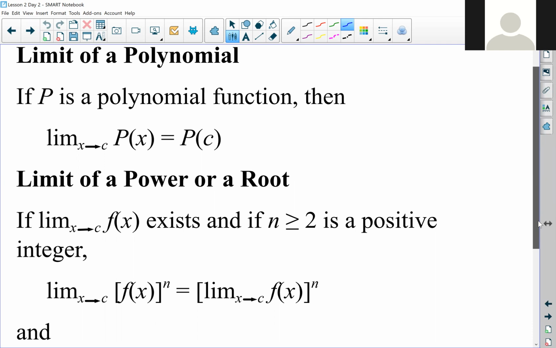And if n is a positive integer greater than or equal to 2, and the reason we need that I'll explain in a minute, then the limit as x approaches c of that function raised to the nth power is the same thing as if you took the limit first and got the value and took that value to the nth power.